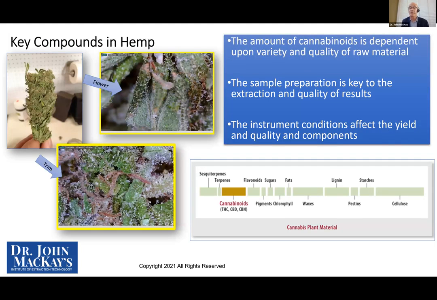When I'm looking at some of the other parts, let's look at the key compounds of hemp. The amount of the cannabinoids are based on the typical chemovar. The sample preparation, the extraction, is a direct impact on your results, and the instrument conditions affect that. So when I'm looking at the chart below with the cannabis plant material, I'm seeing that I have sesquiterpenes, terpenes, cannabinoids, flavonoids, sugars, fats, pigments.